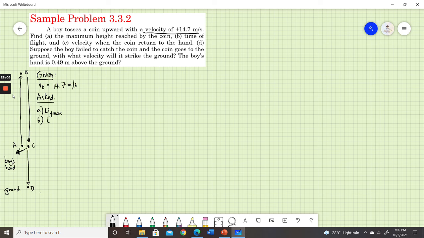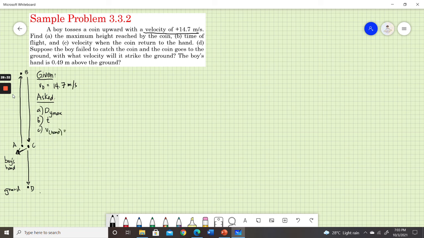Next, it's asking us for the time of flight. How long did it take for the coin to be released from the boy's hand, go to the maximum height, and go back to the boy's hand? And in C, it's asking us the velocity when it reaches the boy's hand.